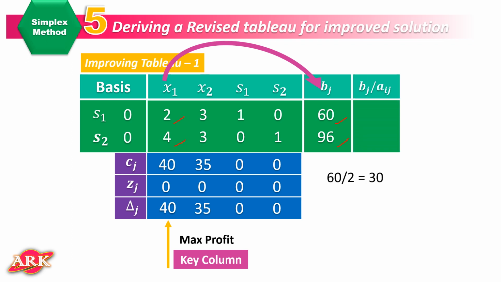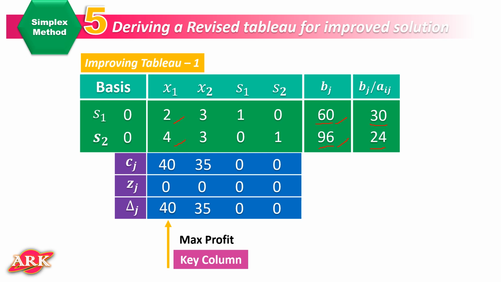60 divided by 2 gives 30 and 96 divided by 4 gives 24, which represents the maximum number of products that we can make out of 60 kg raw material and 96 labor hours. That means using 60 kg raw material, we can produce 30 products of X1, and using 96 hours, we can produce 24 products of X1.